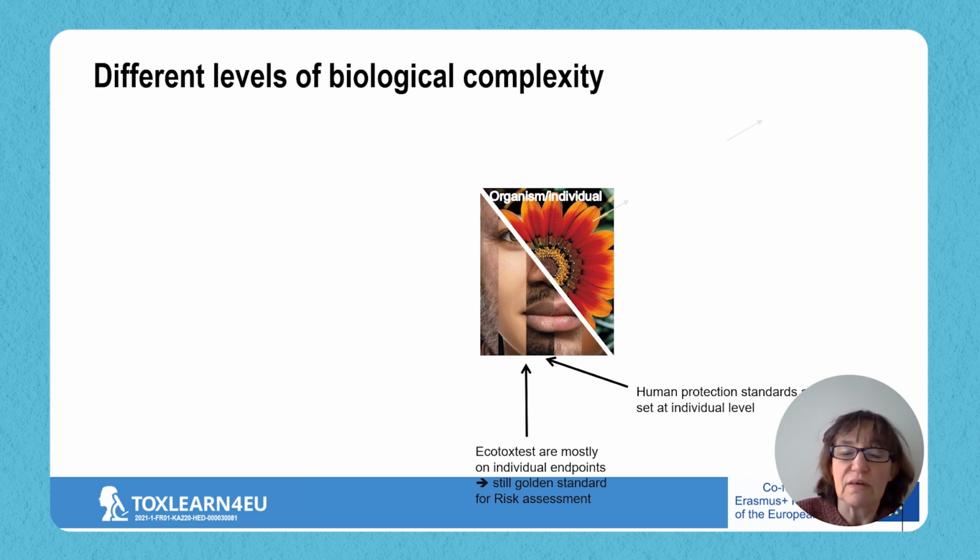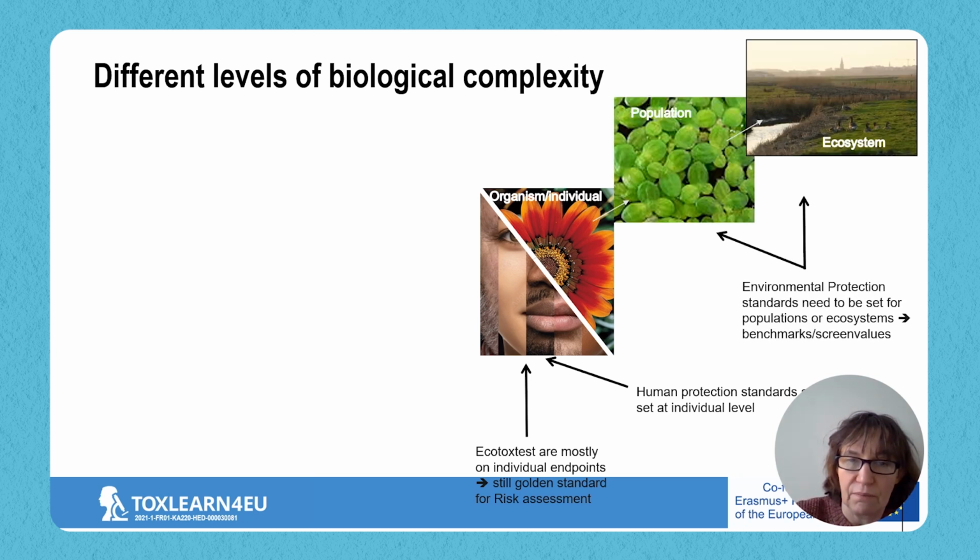Whereas what you want to protect, for the human, it is the organism, each individual you want to protect, but for the environment, you want to protect the population or the ecosystem. So environmental protection standards are at a higher level, they are at the population level or the ecosystem level.